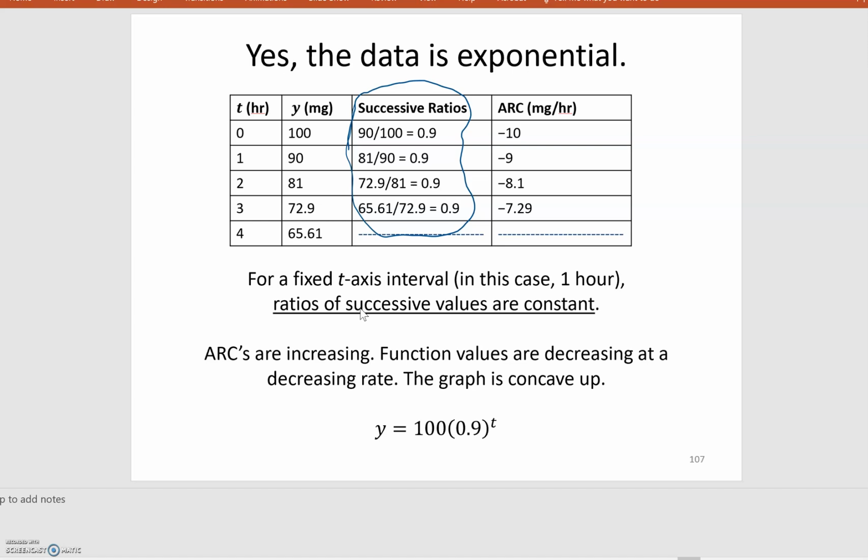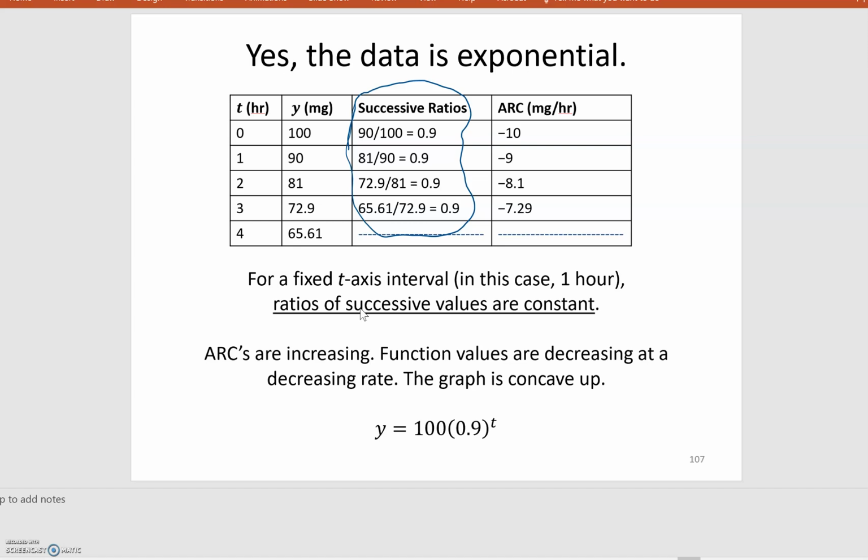But in any case, we do have exponentially distributed data. And notice that the average rates of change are all negative, but they are negative in the sense that they are also increasing. So when you look at these numbers, if these were positive numbers, we wouldn't say they were increasing, but since they're negative numbers, we say they're increasing because they are going closer up. They're moving upwards towards 0. So that's actually increasing.